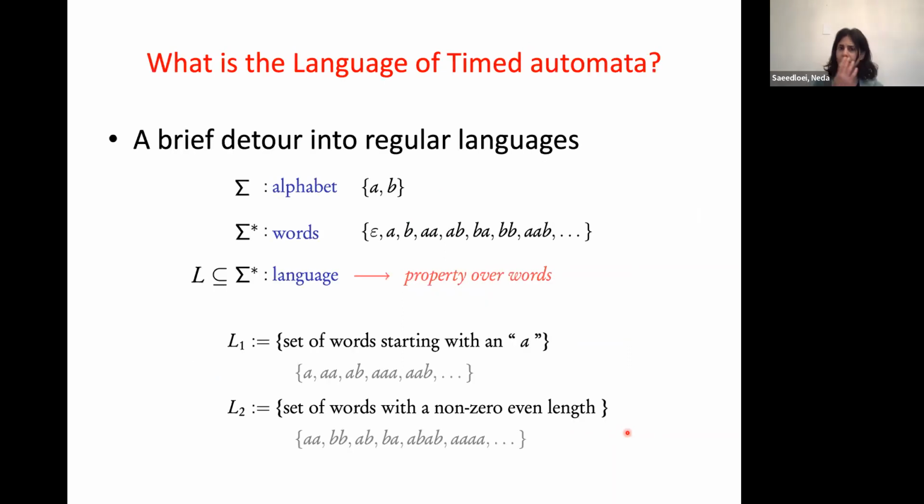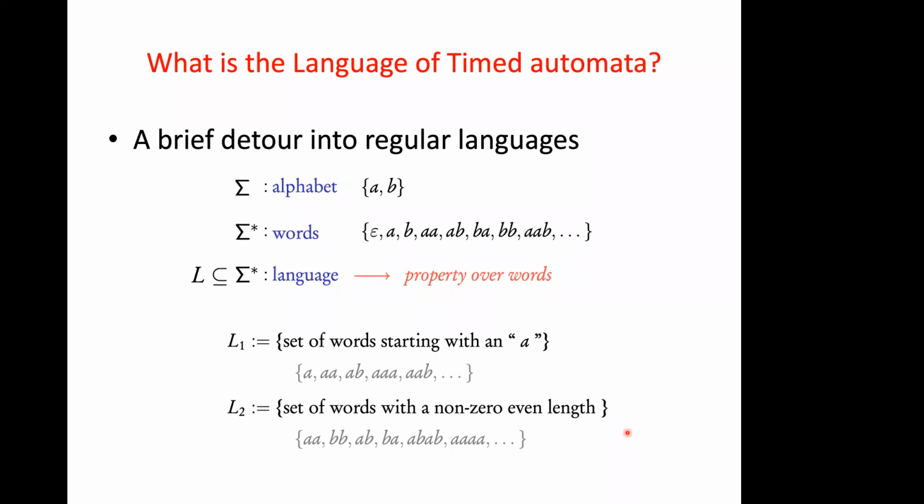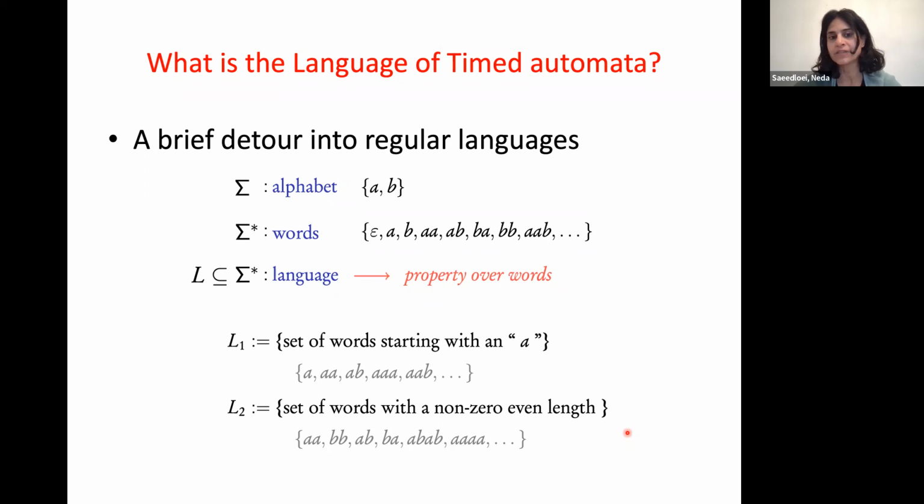Okay, so the next natural question is: if timed automata are extensions of finite state machines, what would be the language of timed automata? We know what the language of finite state machines is. In general, if we have an alphabet, which are my actions, and the alphabet is sigma, then sigma star is going to give us all the possible words that can be generated using the members of the alphabet.